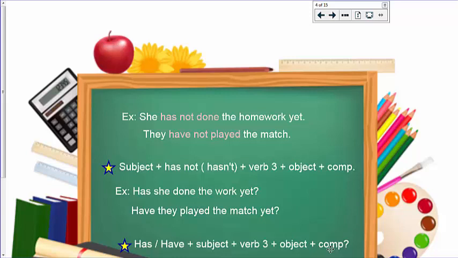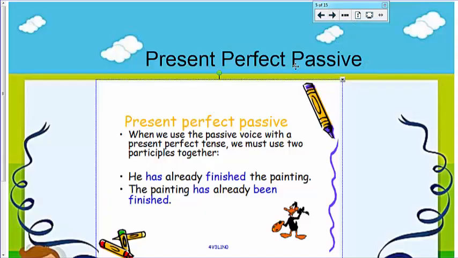Now let's move on to how we can change active sentences written in present perfect into present perfect passive. When we use the passive voice with a present perfect tense, we must use two participles together. Look at this.